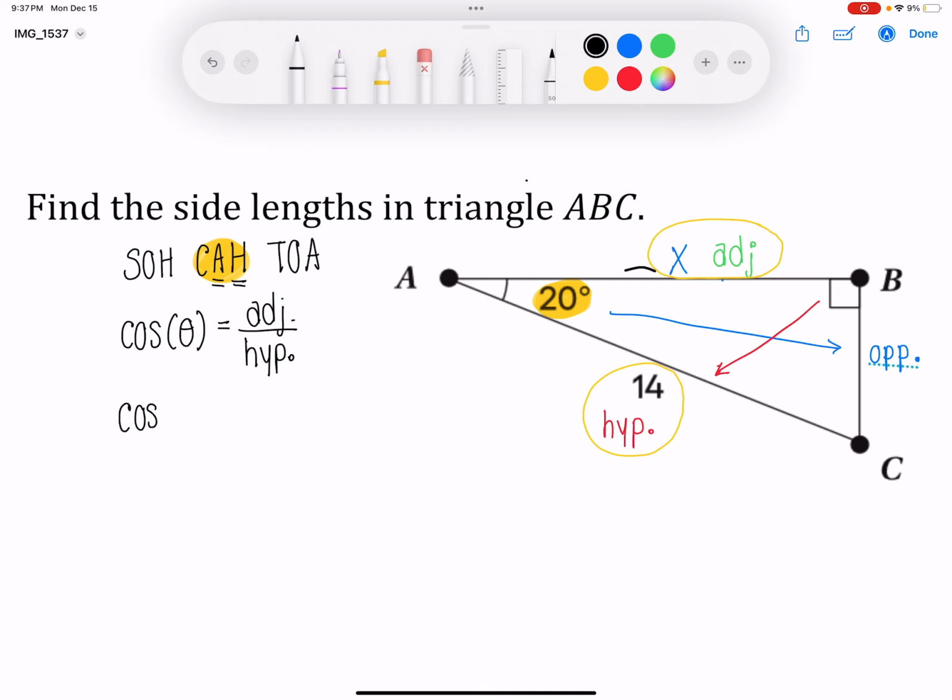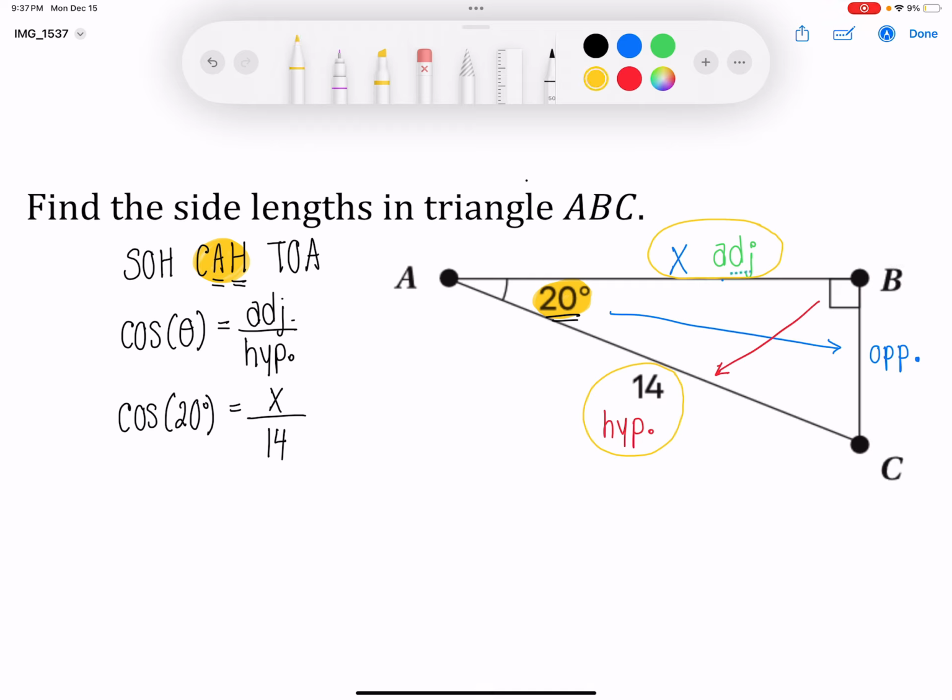And I'm going to plug in some information because we know that theta, the angle measure, is 20 degrees. We will set that equal to the adjacent side, which is x. We're trying to find it. It is now unknown. Divided by the hypotenuse, which is 14.